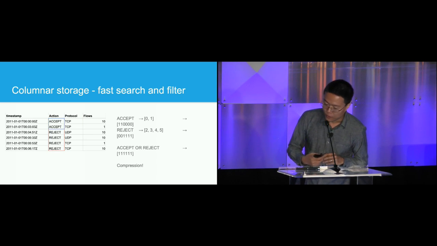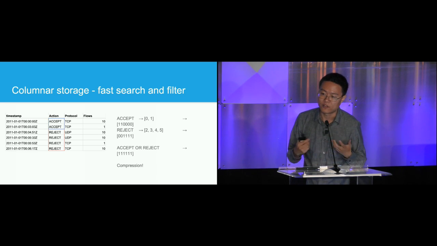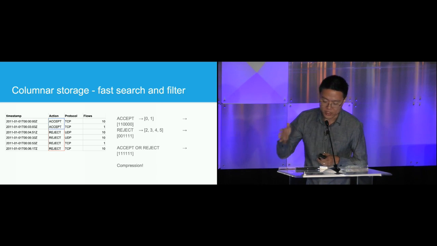One other thing here, so Druid, and all operational analytic databases, also look in part like a search system, so they look a little bit like ELK as well. And the idea is that we can create different types of search indexes for very fast search and filter. So in this example, basically we have our action attribute, which has two values, accept and reject.